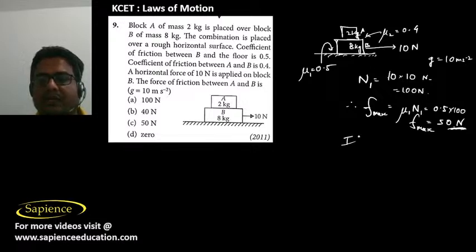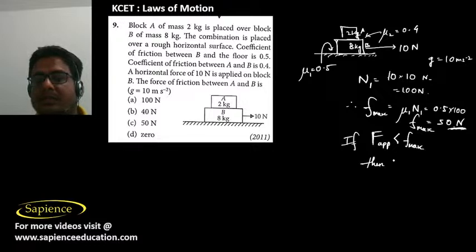The rule is that if the applied force is less than the maximum static frictional force, then static friction will act as a self-adjusting force. It means the frictional force will be equal to the applied force.